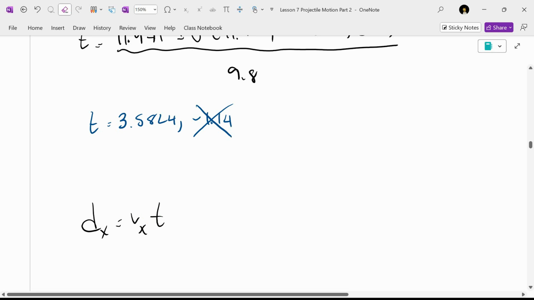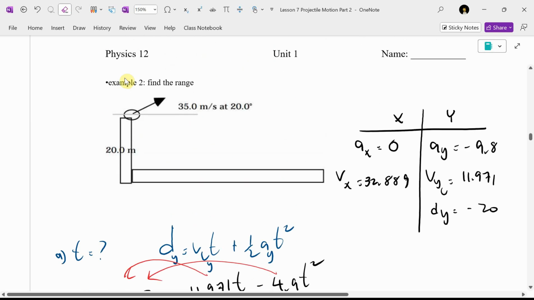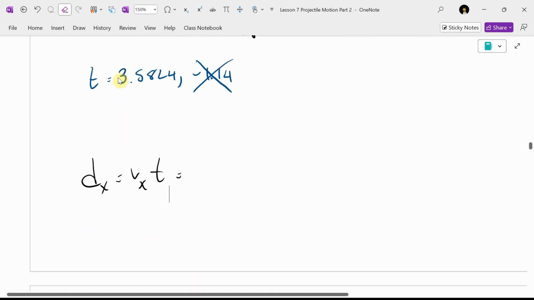Because technically vi is the slanty one at an angle. Did I say angle? Components. We're not going to use it. After we've componentized it, we don't use it again. I've scrolled down. What was vx? 32.889. And then t was 3.5824.